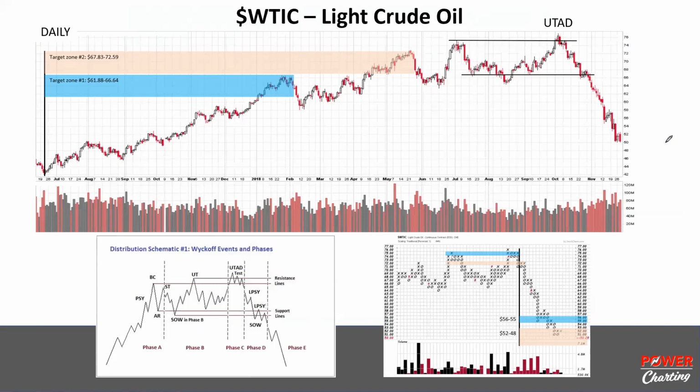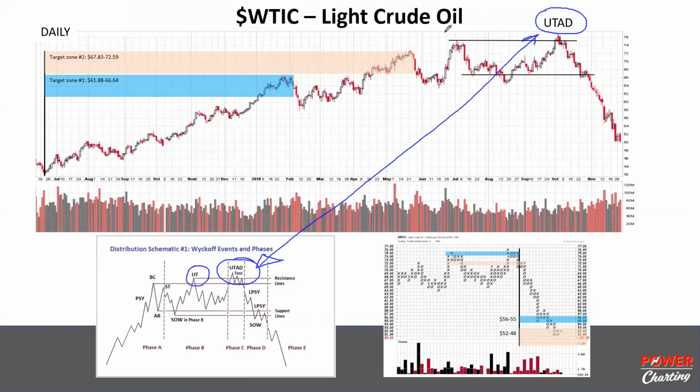Here you can see that at the conclusion of the distribution area, there is what we refer to as an upthrust after distribution. You can see on the schematic that there is an attempt to go up, and in fact the schematic is very close to what actually happened with crude oil. There was an upthrust in the middle of the structure, and then finally an upthrust after distribution.